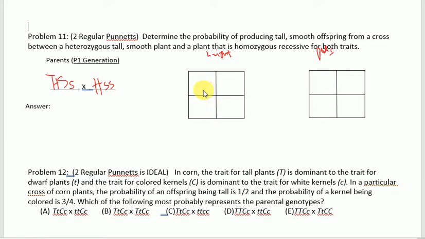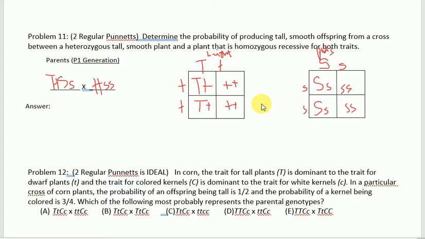So over here, we will have big T, and then little t, little t. And over here, we'll have big S, little s, and then 2 little s's. So go ahead and push pause and do those crosses.